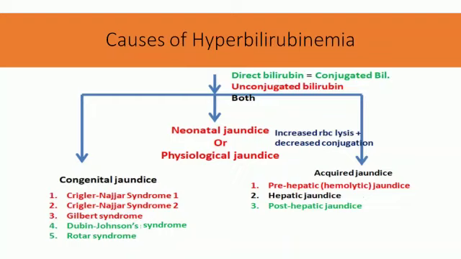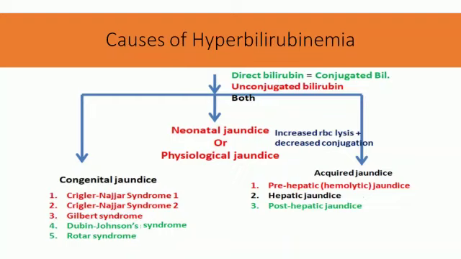Now in neonatal jaundice or physiological jaundice, when the child comes into life, its conjugation system is still not developed, and the liver is not in a position to conjugate all the bilirubin produced, and therefore it leads to an increase in indirect bilirubin.